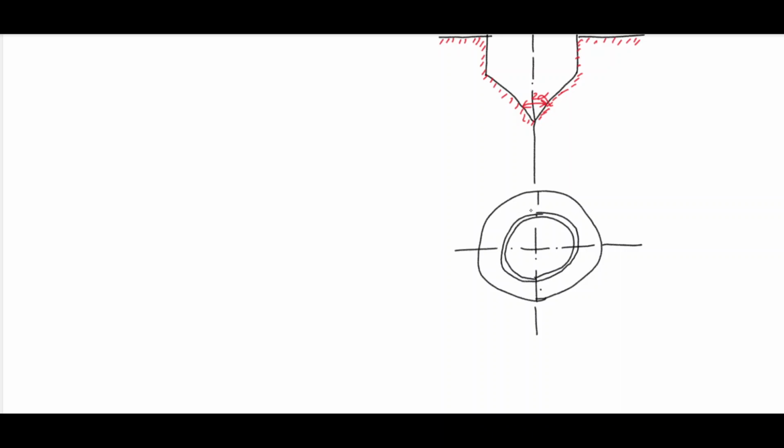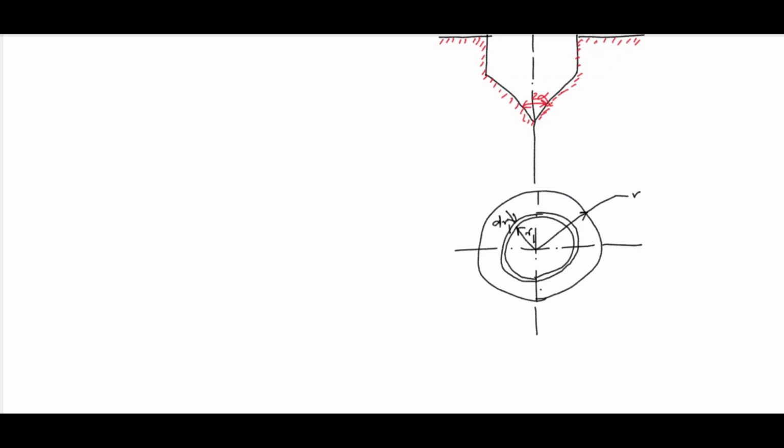The total radius is R, and the elemental ring is at the radius R1 and is having thickness dR1.